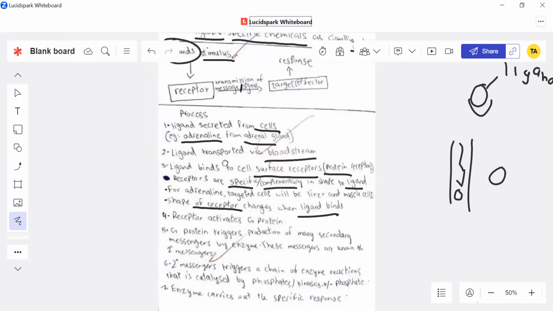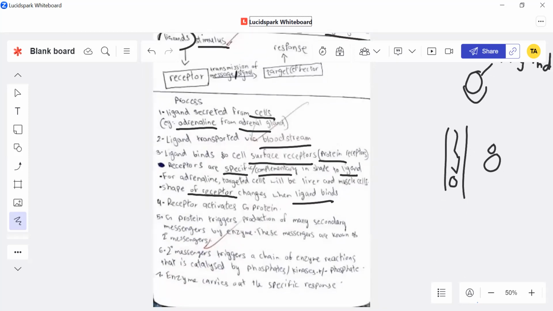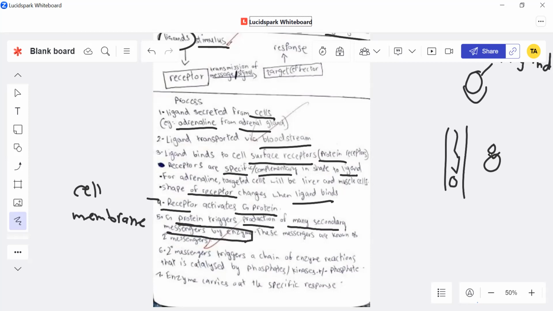Now, what happens after the ligand attaches to the receptor on the cell? The receptors on the cell membrane activate G protein. What is G protein? G protein is a protein which triggers the production of many secondary messengers by enzymes.